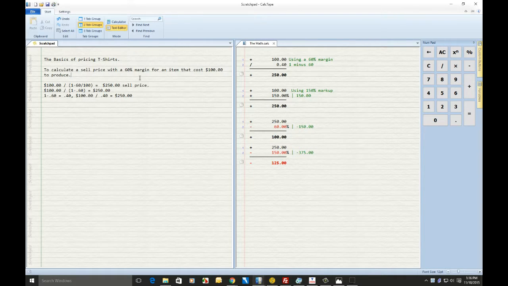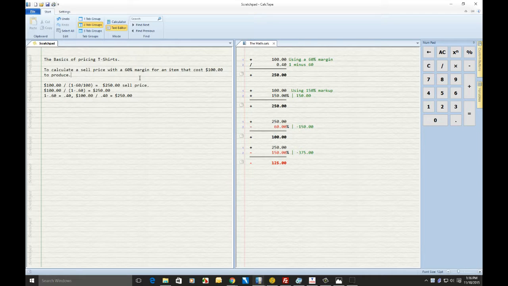Our end cost to manufacture that item is $100, and we want to get a 60% margin on it. If we were doing the math by hand, we would take the $100 and divide it by 1 minus 60 divided by 100, which equals $250.